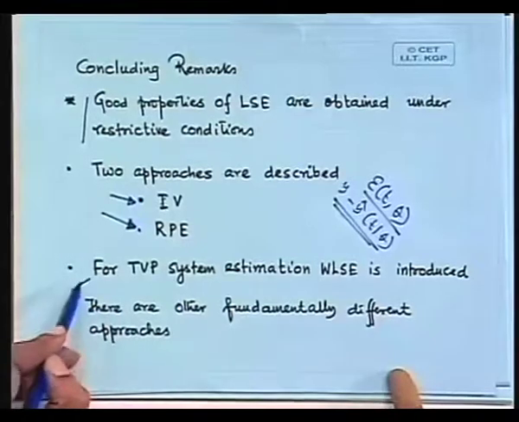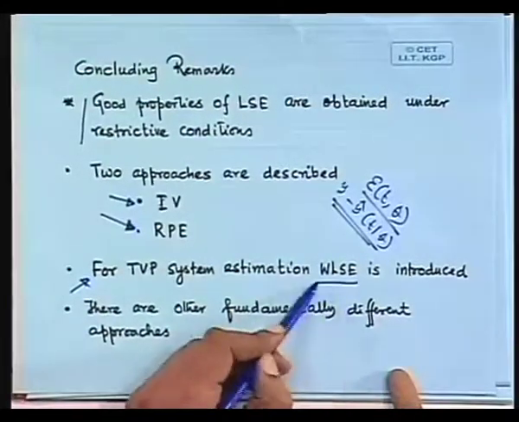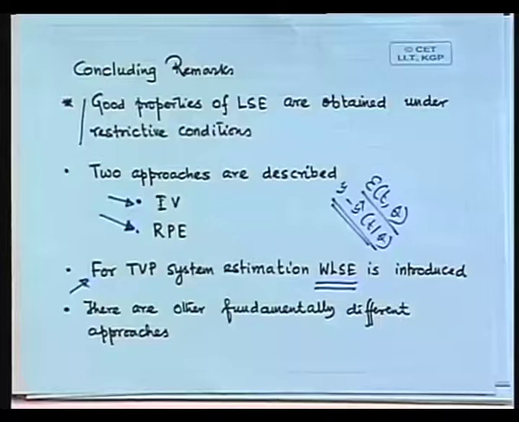And for time varying parameter systems, we saw that you have to have a weighted least square with maybe some exponential forgetting. But if I stop here, it will appear to you as if the least square algorithm is the only estimator in the world. That is not the case.